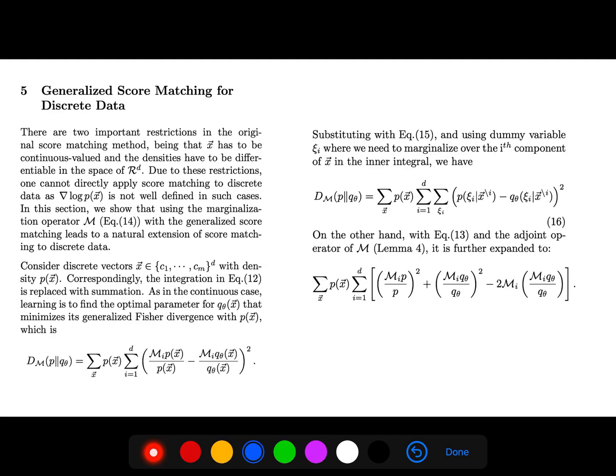And here they talk about generalized score matching for discrete data. Whenever we say discrete data, it can be tabular data.